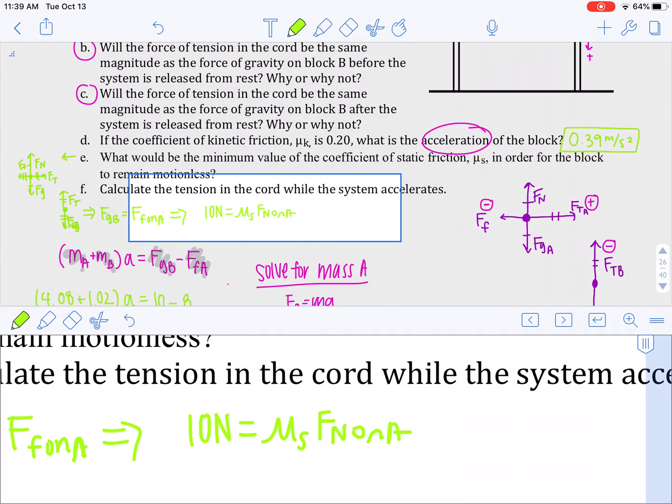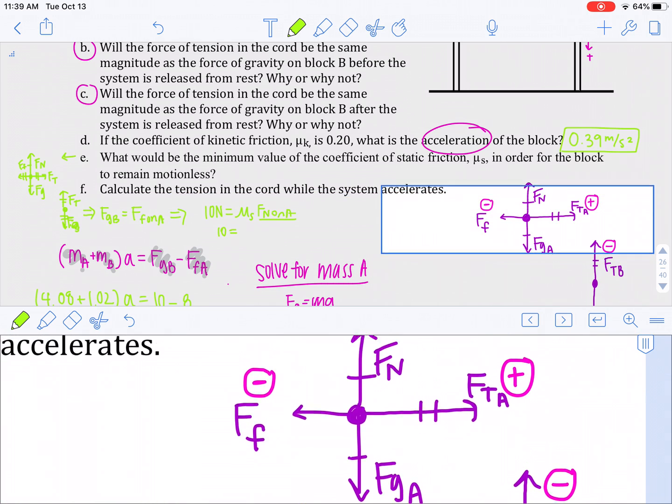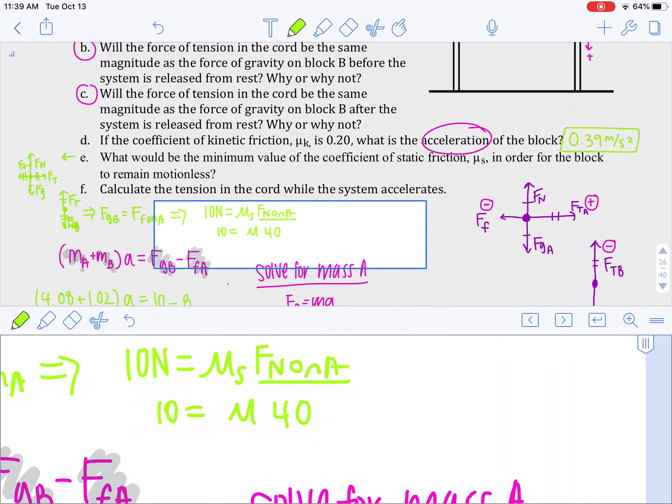And I can plug in my normal force on A. That's the same because my force of gravity on A hasn't changed. And that would mean that my coefficient of static friction would have to be at least, divide both sides by 40, 10 divided by 40 is 0.25, or 1/4.